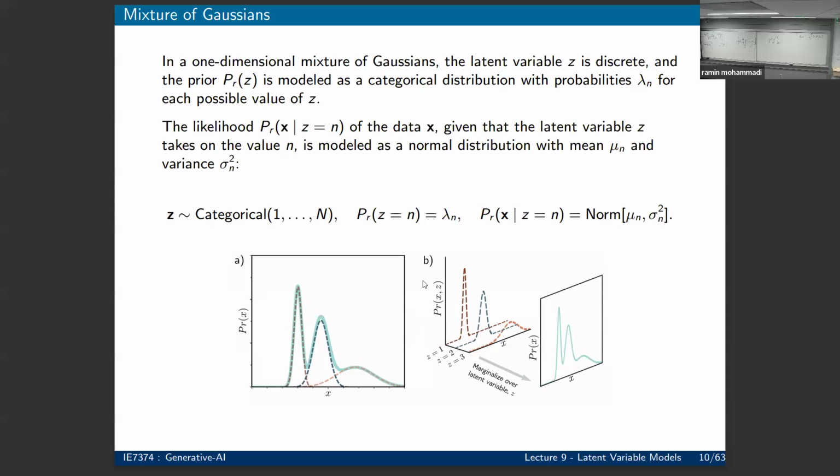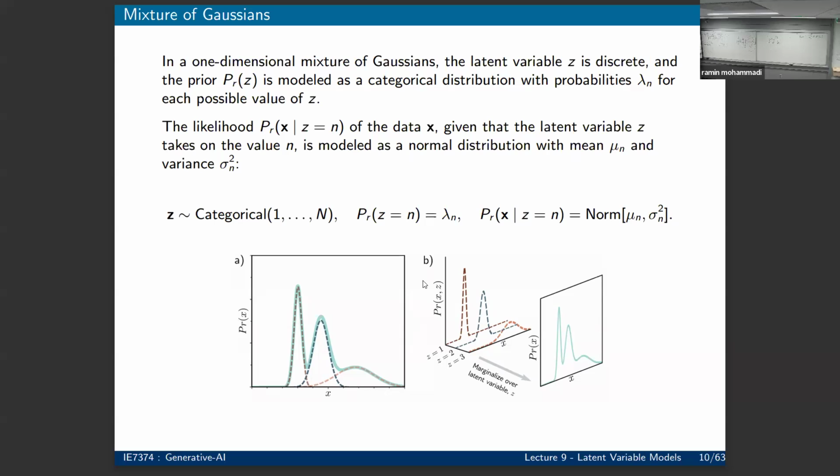So if you look at the image here, you have this image on the left, the probability of X. What we basically try to say here is that when you're looking at these ups and downs, technically that means there are some latent Gaussians, latent variables. Here you have Z1, Z2, Z3.